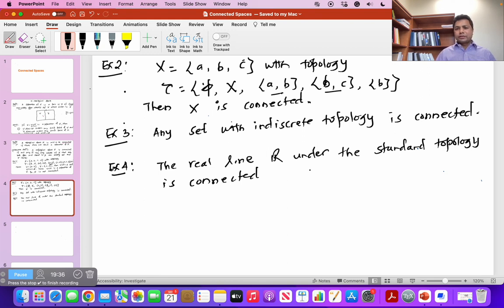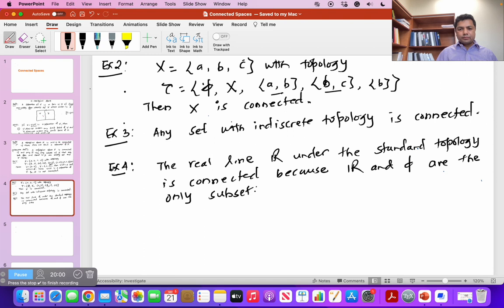The real line R under the standard topology is connected because R and the empty set are the only subsets which are both open and closed.